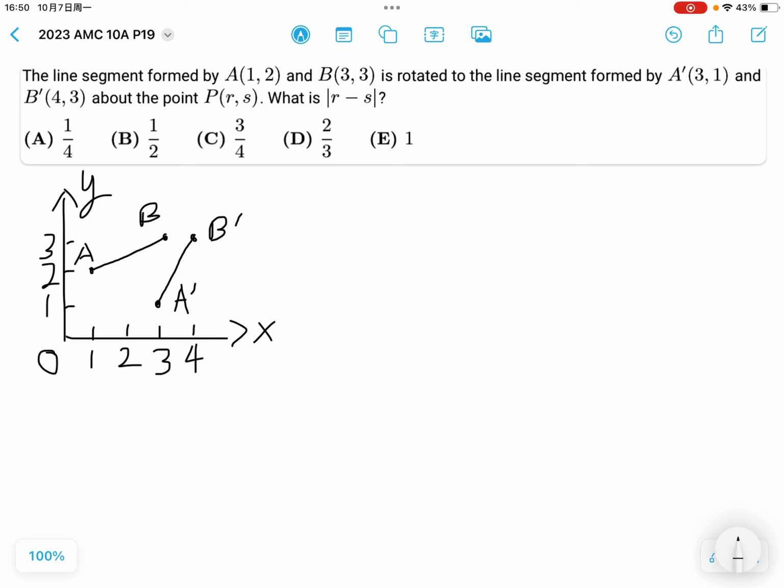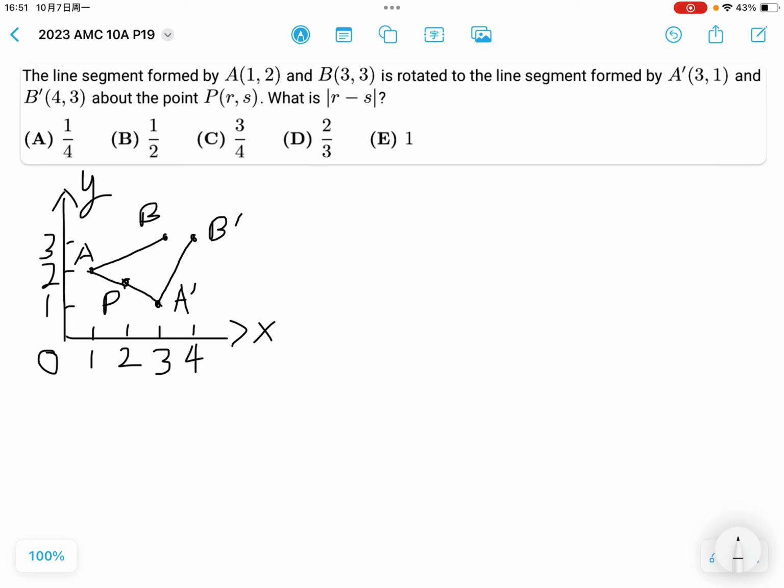Well, one thing we should know, no matter what, is that in a rotation, wherever the point of rotation is, let's say this is P, the original points, so A, have to be equidistant. So AP has to be equal to PA prime.